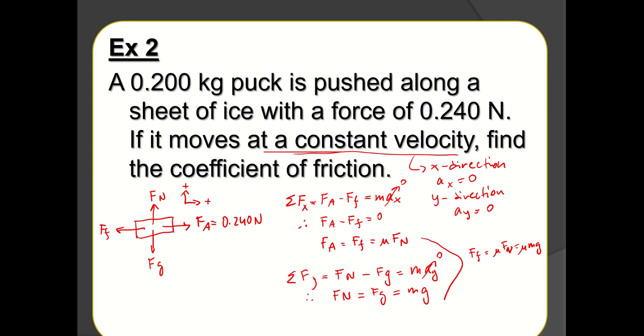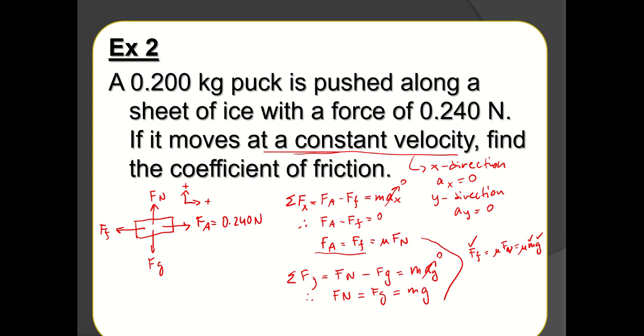Now, we know what Fa is, and these two are equal, so we can replace this value. We know the mass, we know gravity. We're going to find the coefficient of friction mu.